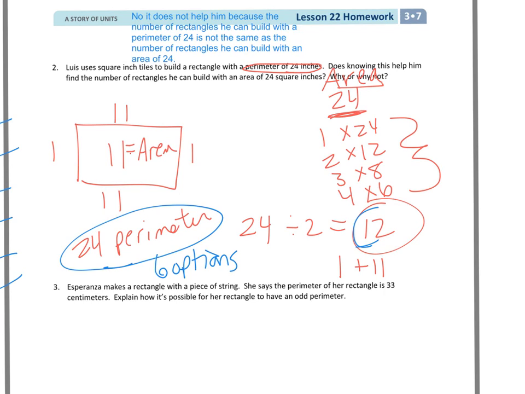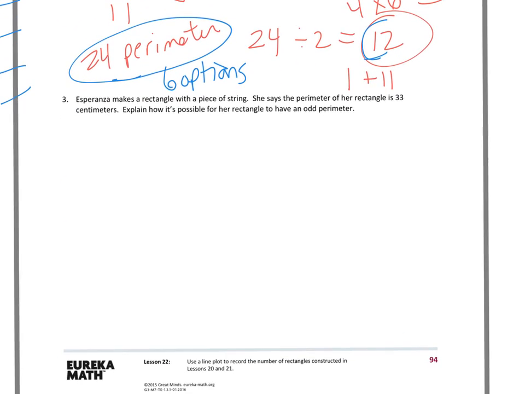Let's take a quick look down at 3. Esperanza makes a rectangle with a piece of string. She says the perimeter of her rectangle is 33 centimeters. Explain how it's possible for her rectangle to have an odd perimeter. I'm not going to write this one out, but we talked about it a little bit earlier.